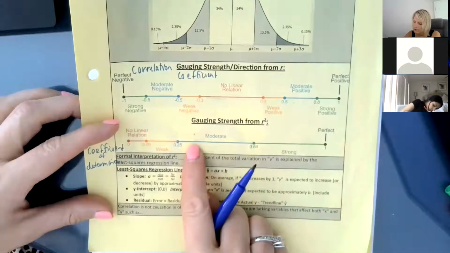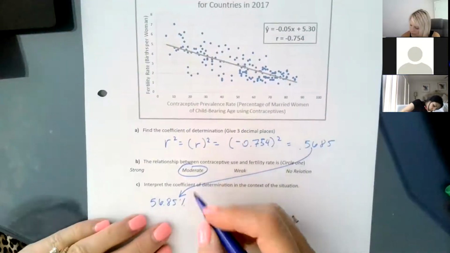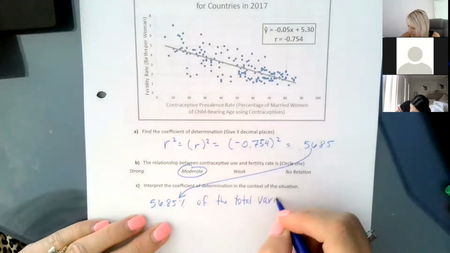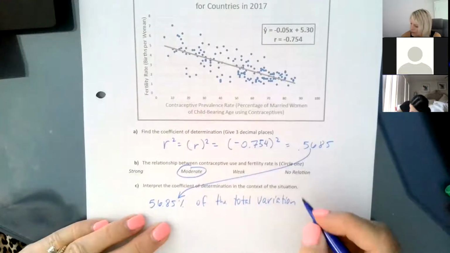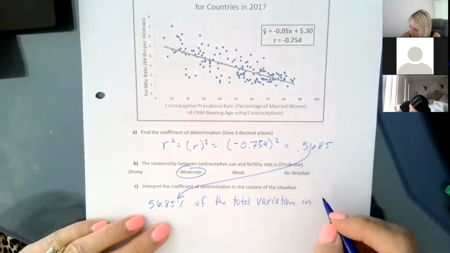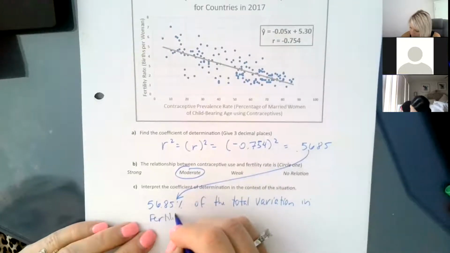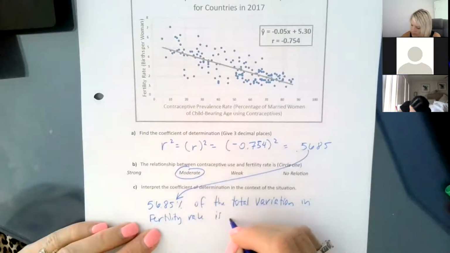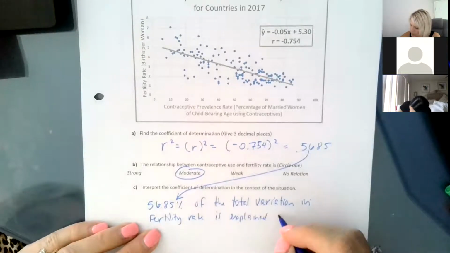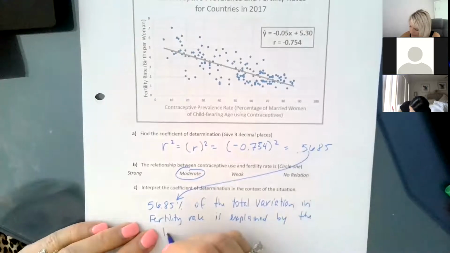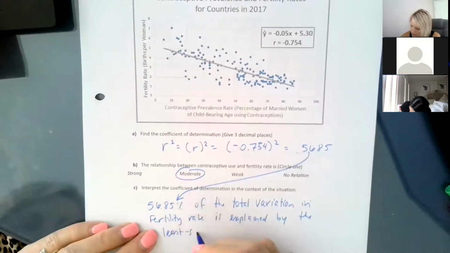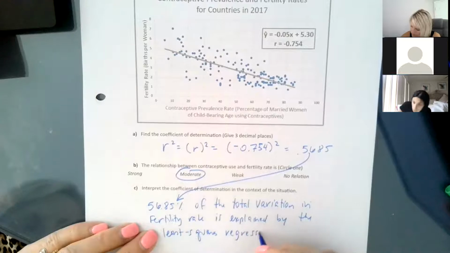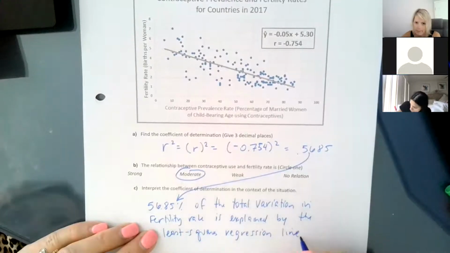So we already know that 56.85% of the total variation in fertility rate, because you're always talking about the Y variable, is explained by the least squares regression line.